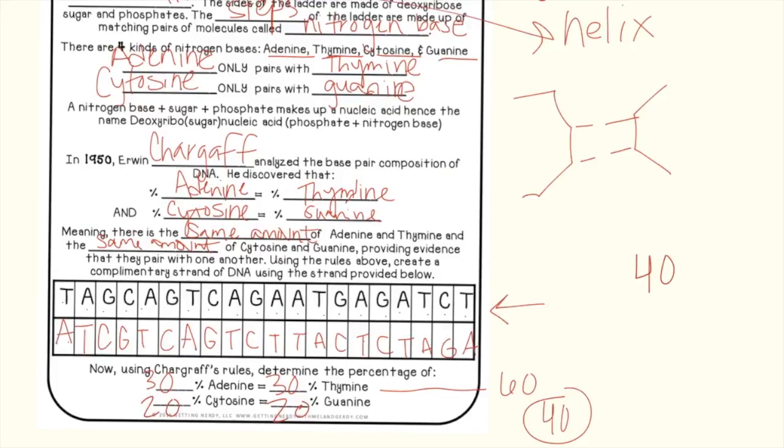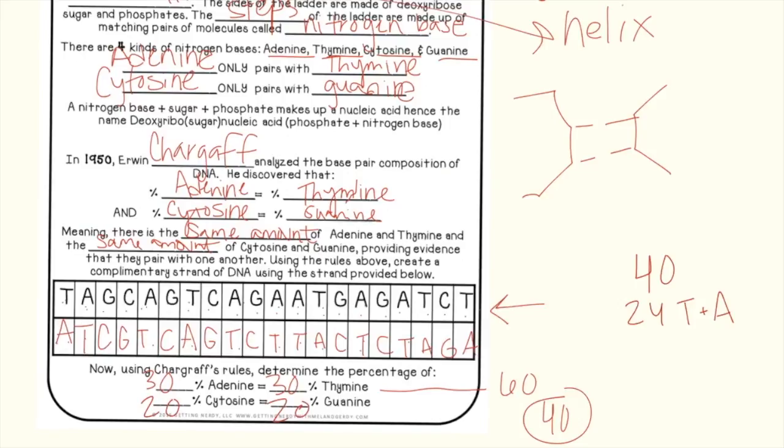24 are T and A's. And then you can just divide them and figure out that that actually doesn't seem like it goes up to 60%.